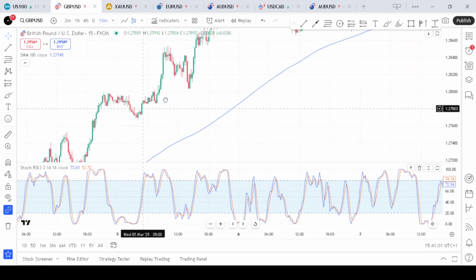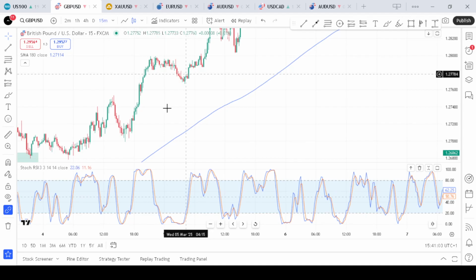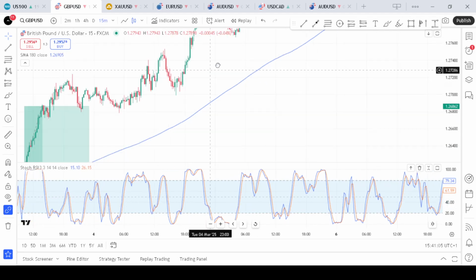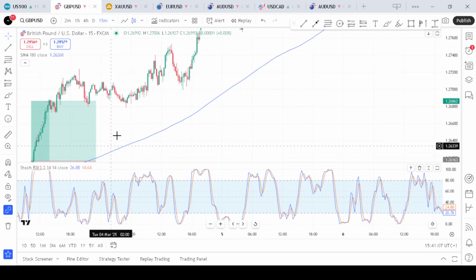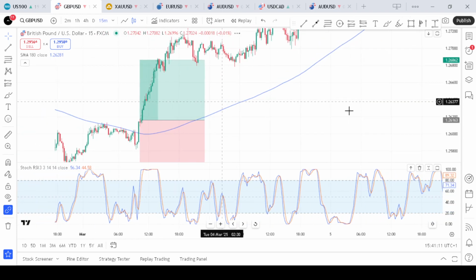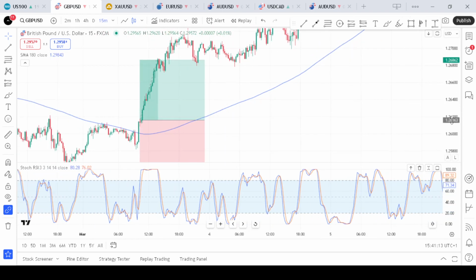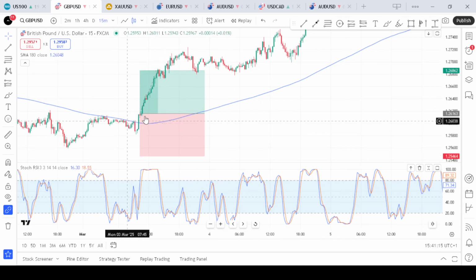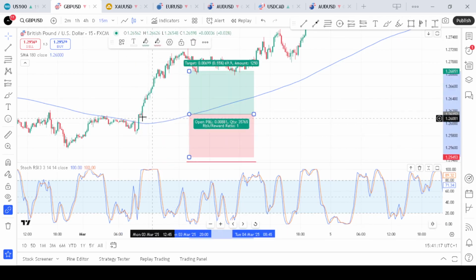Before entering your trade, you have to confirm the signal with price action. For a long position, you wait for a candle to close above the previous high after the stochastic signal. So once price closes above this previous high, you can see there's a previous high in this area.